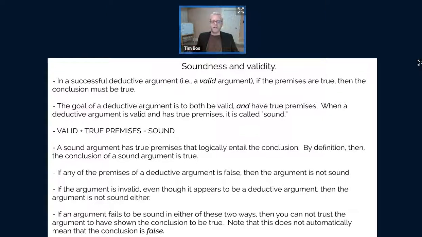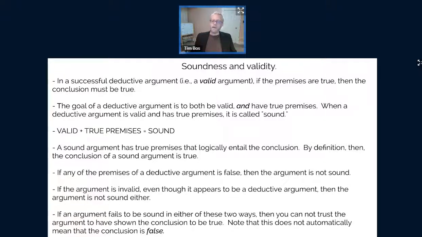That's not necessarily the case, okay? So just be careful about that. You have to look at all the arguments, pro and con. You can't just look at one and decide, well, that one doesn't work, so their conclusion must be false. That's not the case. It just means that that argument on its own fails to prove that the conclusion is true, or probably true if it's an inductive argument.